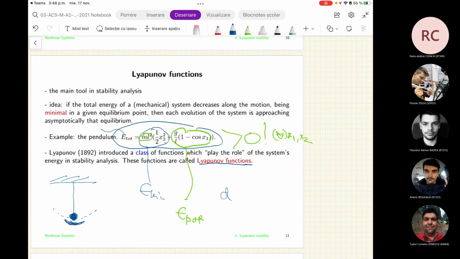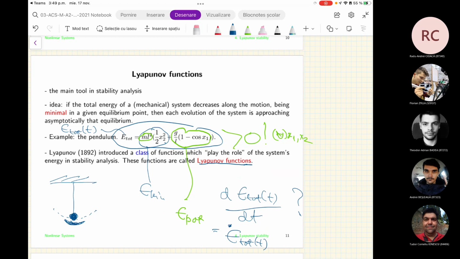So this is E total of t. It depends on the time. So we have to check this property, or actually we call it E dot. We have to check this.